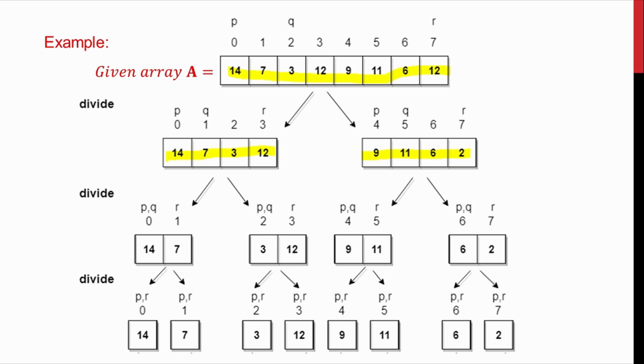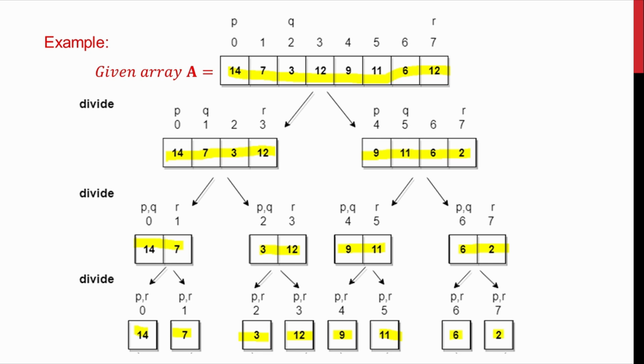Then again we divide into 2 elements on the left and 2 elements on the right of this sub-problem, and in this sub-problem again 2, 2, and finally we reach a single-element subarray, or sub-problem, when p is equal to r.